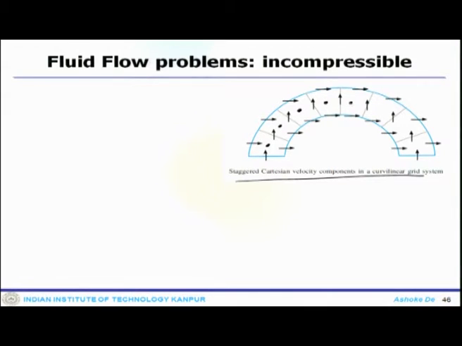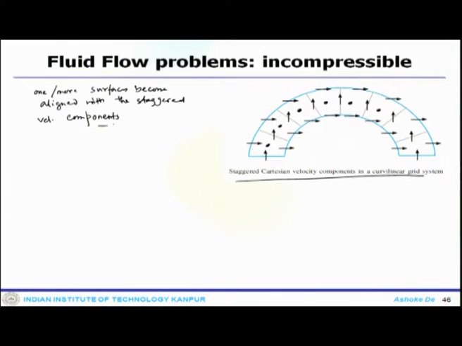Now, if that is the case, then this can be a problem when one or more surfaces become aligned with the staggered velocity component.